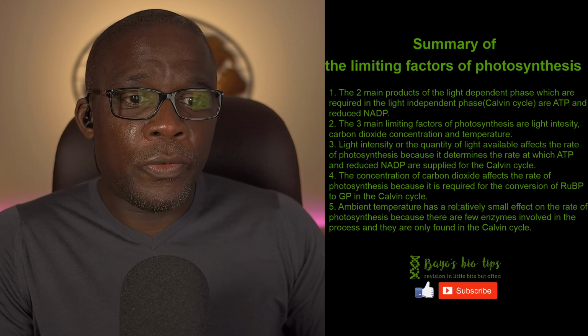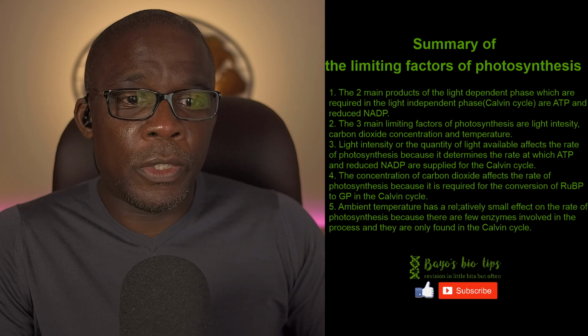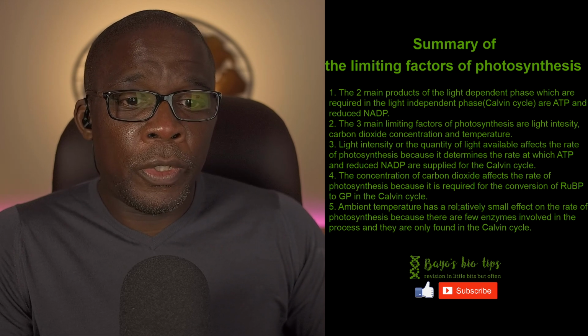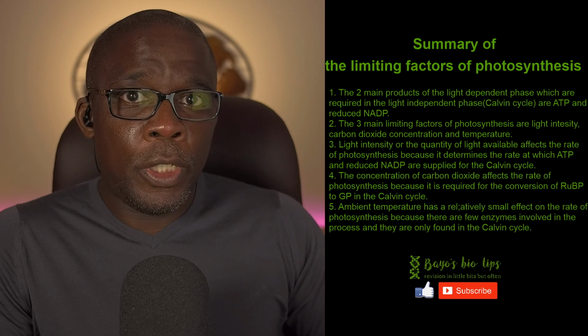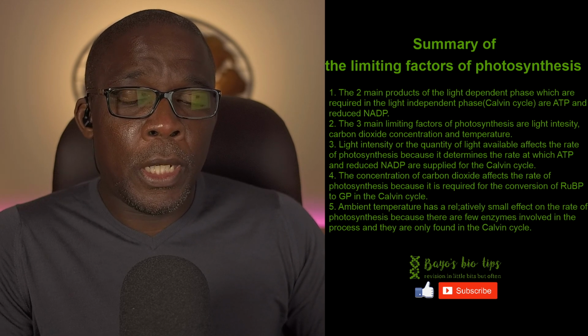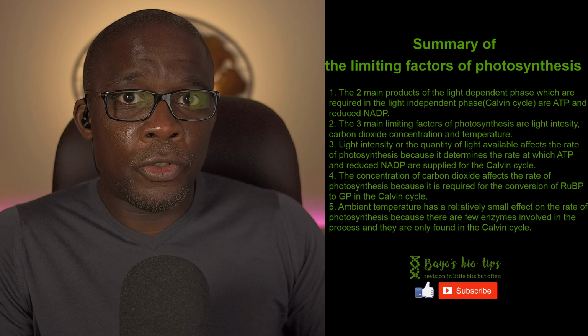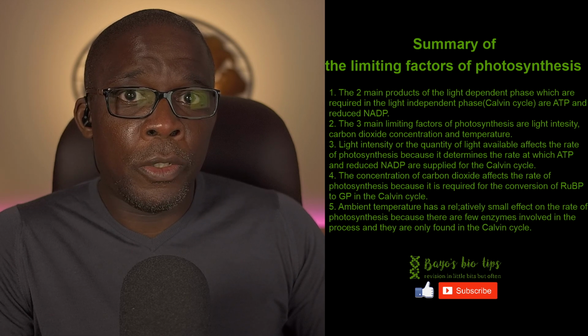The concentration of carbon dioxide affects the rate of photosynthesis because it is required for the conversion of RuBP to GP. And as a result, if you end up with a drop in carbon dioxide concentration, you don't convert the RuBP into GP.